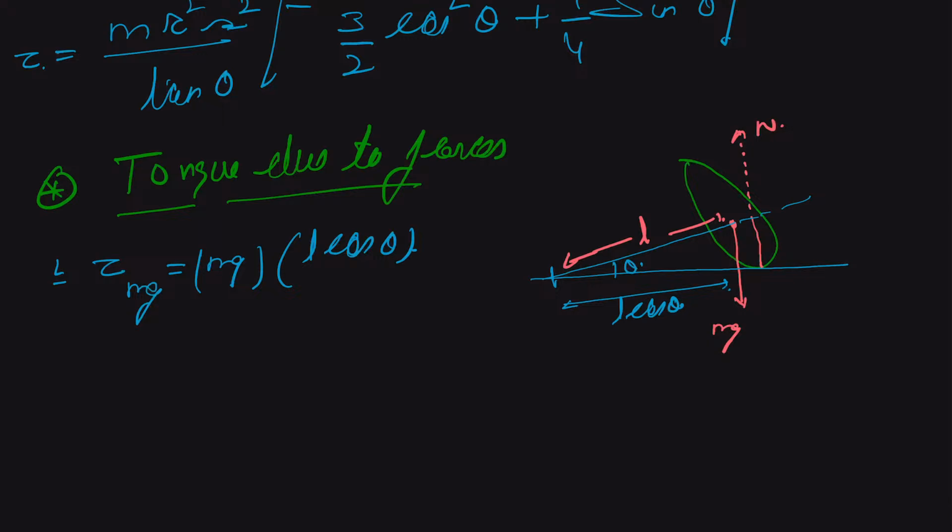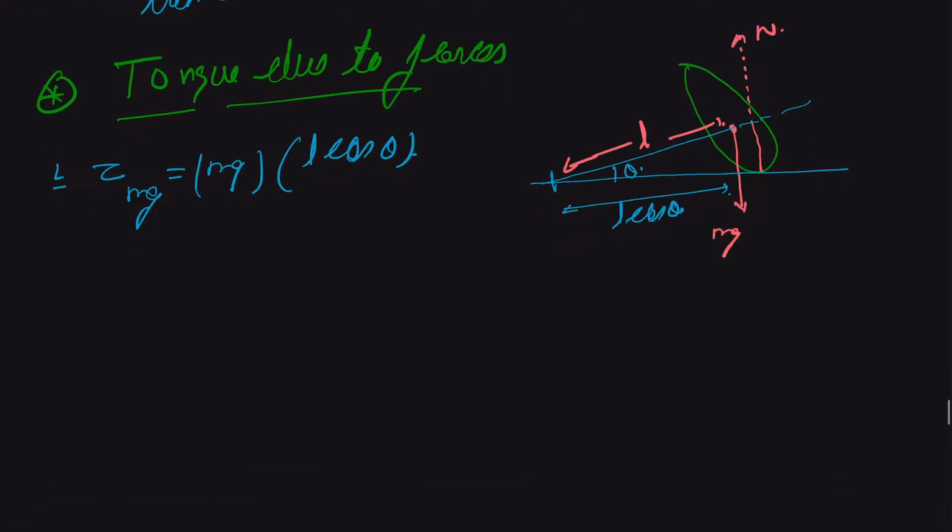We need to find out the second part, and for that let me redraw this triangle again. We know that this point is our P prime, this is our O, and this point is our P. I can join P and P prime, that will be nothing but our radius.